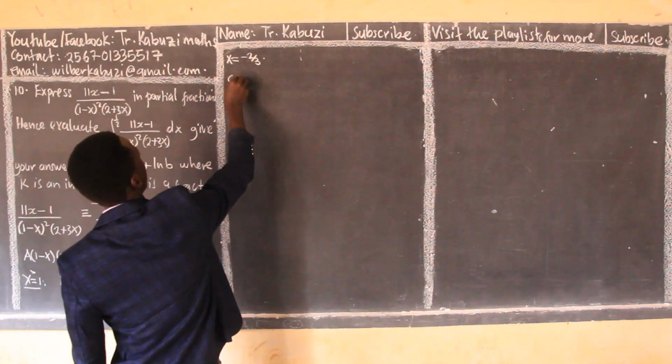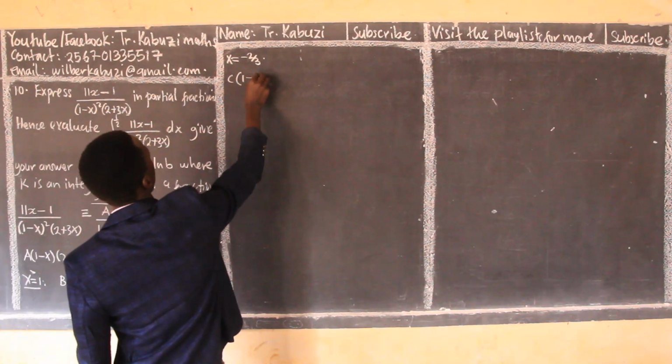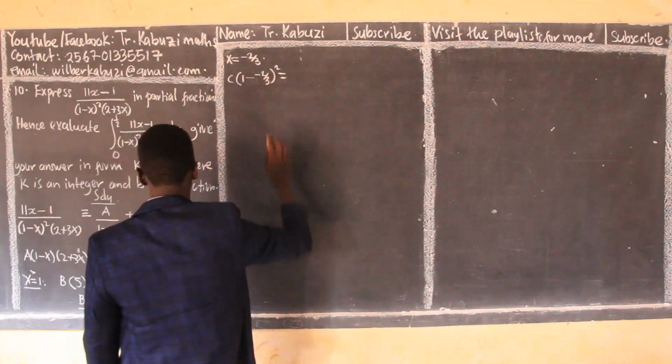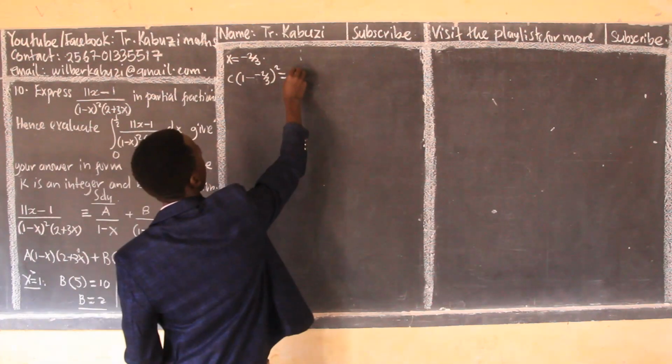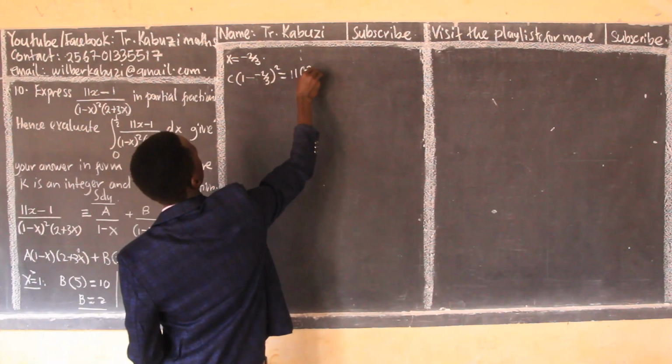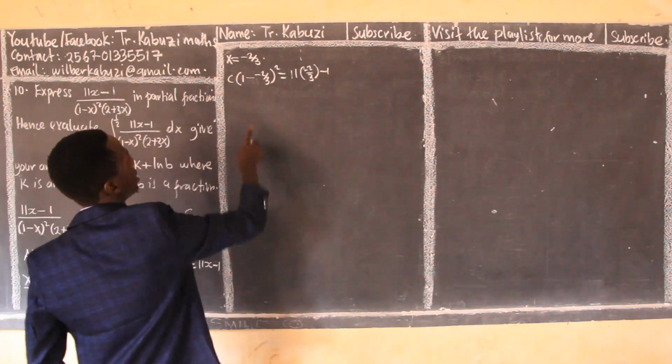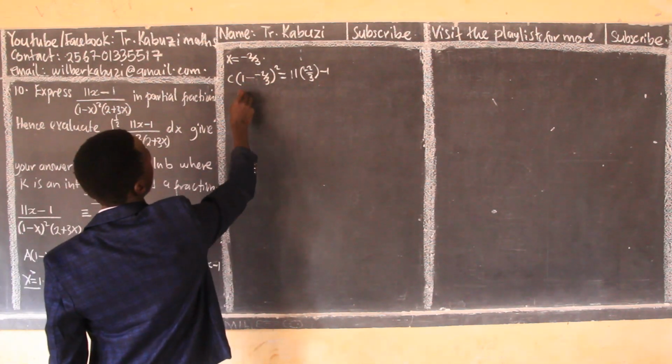So I'll be having C into 1 minus 2 over 3 all squared, equaling to, this side I have negative 2 over 3 minus 1.